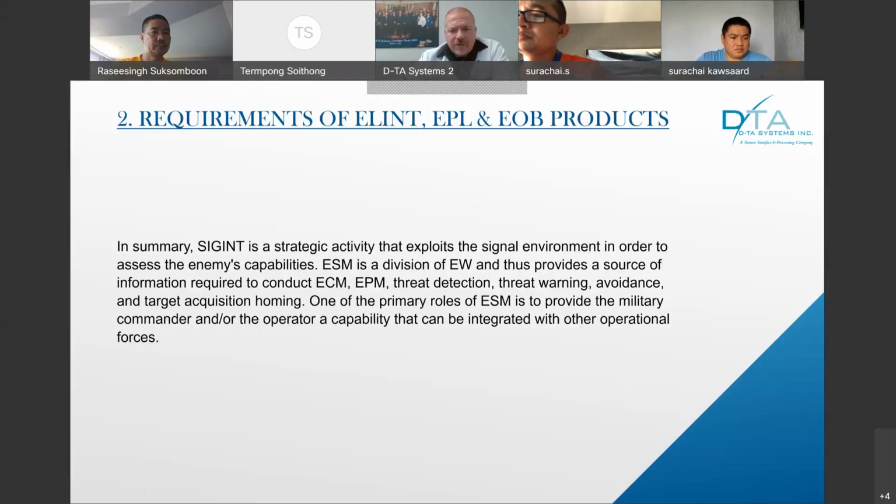ESM is a division of EW and thus provides a source of information required to conduct electronic countermeasures, electronic protect measures, threat detection, threat warning, avoidance, and target acquisition homing. One of the primary roles of ESM is to provide the military commander and or the operator a capability that can be integrated with their operational forces.